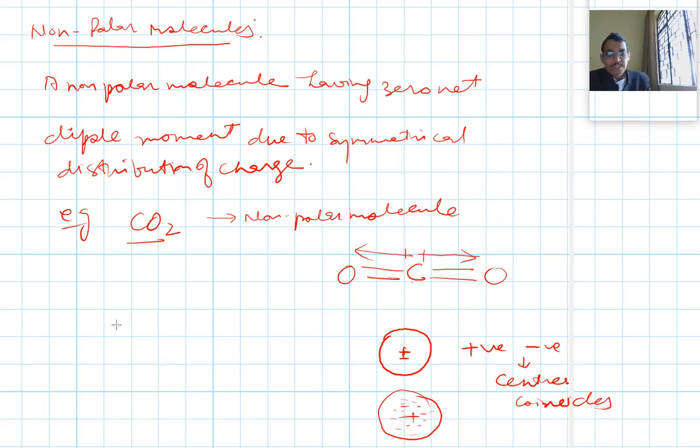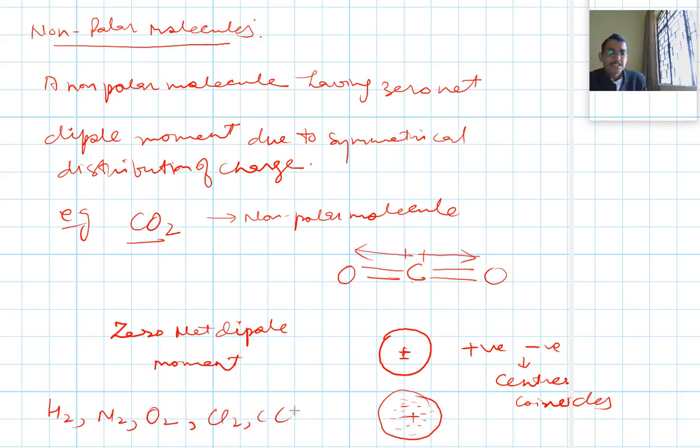So this causes zero net dipole moment. The examples are hydrogen molecule, nitrogen molecule, oxygen molecule, chlorine and CCl4, carbon tetrachloride. These are certain examples of non-polar molecules. So now let us extend this idea of polar and non-polar molecules towards dielectric materials.